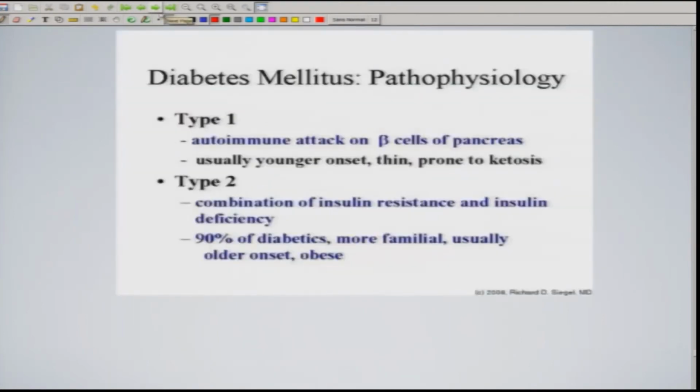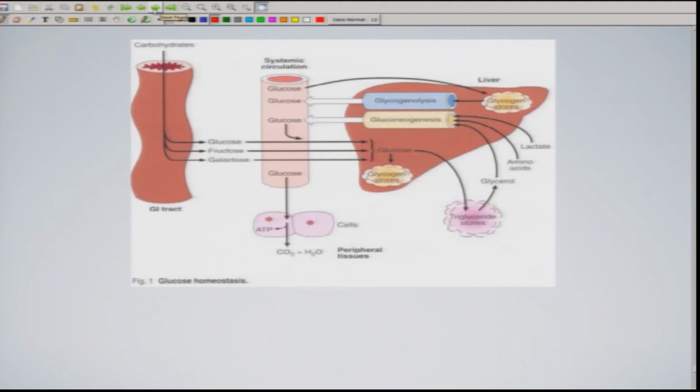So, diabetes mellitus, type 1 diabetes is an autoimmune attack on the beta cells of the pancreas, whereas type 2 is a combination of insulin resistance and insulin deficiency. Okay. So, now coming back to the glucose homeostasis, this is pretty much a repetition of what I have shown you just now, how the glucose is being taken up. This is the entry of the glucose and then converting glucose into glycogen and sometimes converting into triglyceride stores.